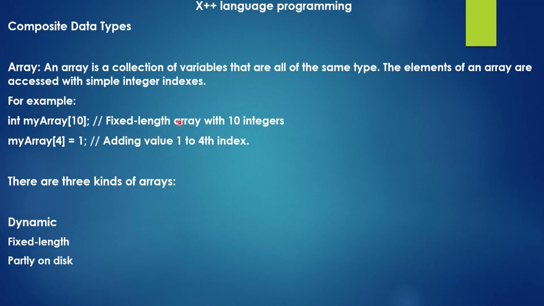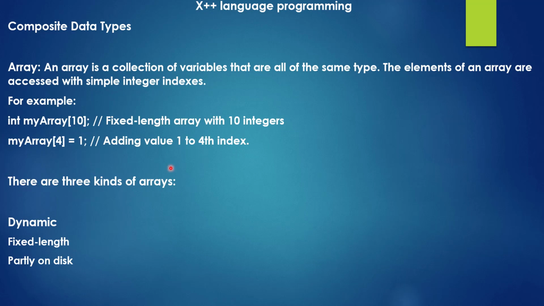This is a fixed array of 10 integers. This is how we declare an integer array in X++. Then we say my array, in brackets 4, equals 1. So we are adding a value of 1 at the fourth index in our array.